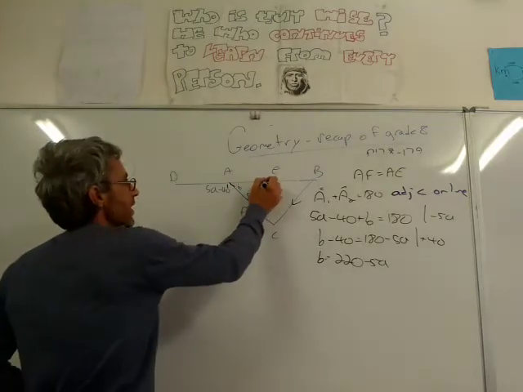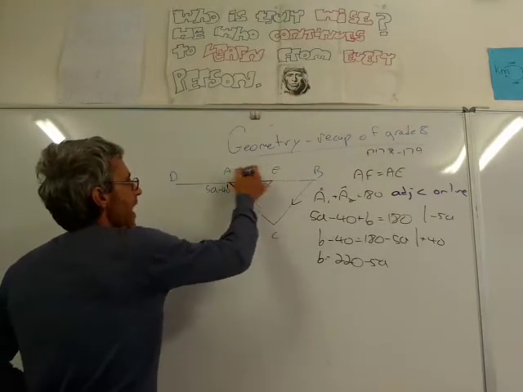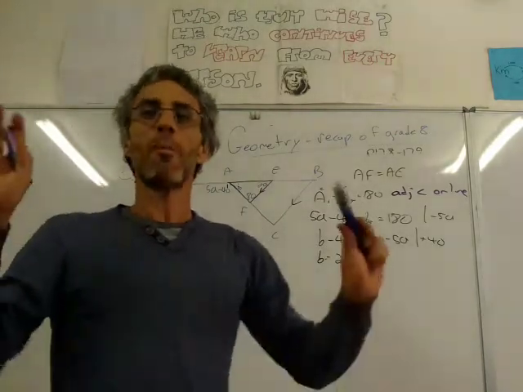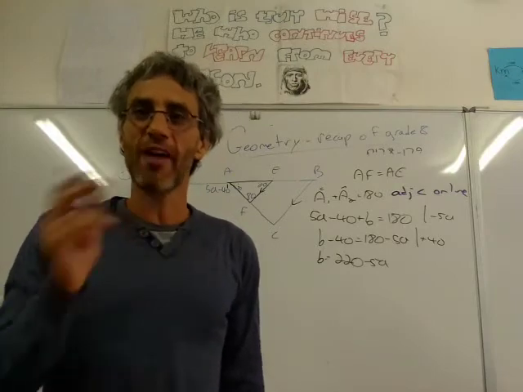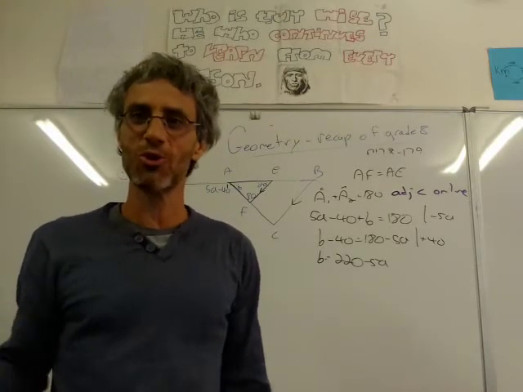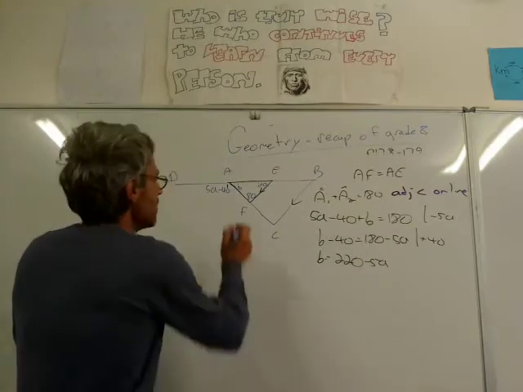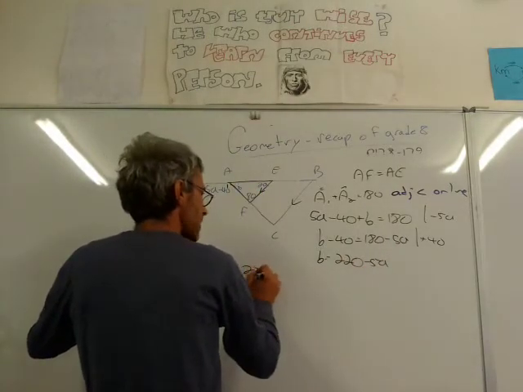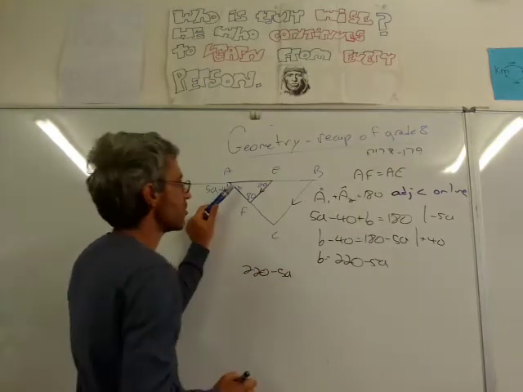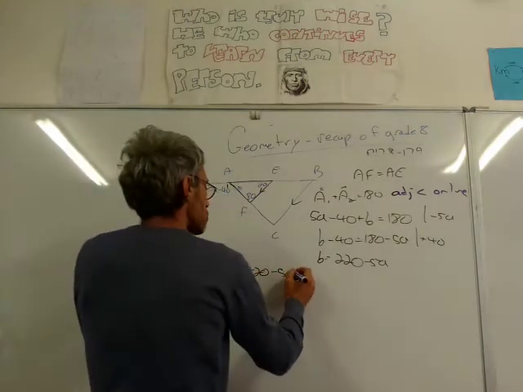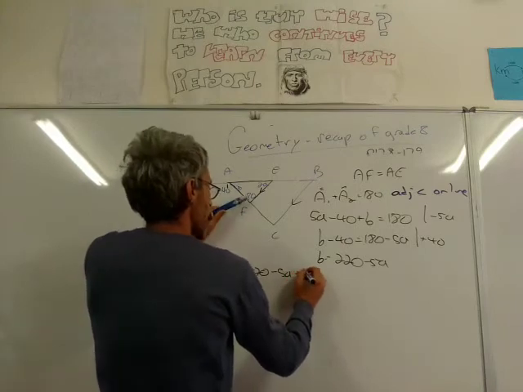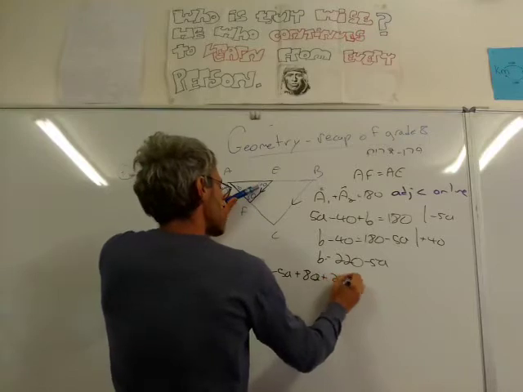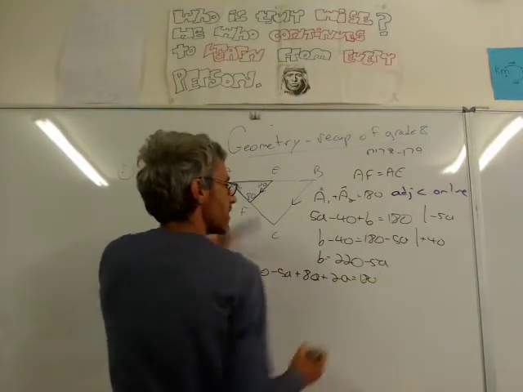Now I'm looking at triangle AEF. This is the first thing we're remembering today: the sum of angles in a triangle must be equal to 180. So instead of B, I write 220 minus 5A, because I just found B in terms of A. So 220 minus 5A plus 80 plus 2A has to be equal to 180.